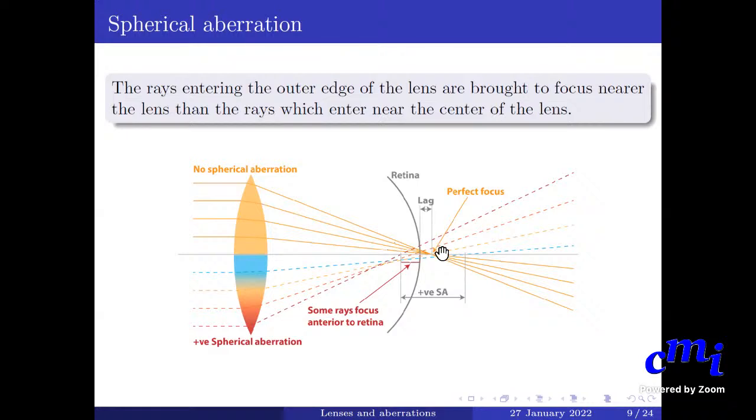If the point of focus has to be on the retina or on the sensor, but that focal point is earlier or later, then you don't get perfect focus. Spherical aberration happens if the focus of rays entering at the edge is nearer the lens than the rays which enter near the center of the lens.